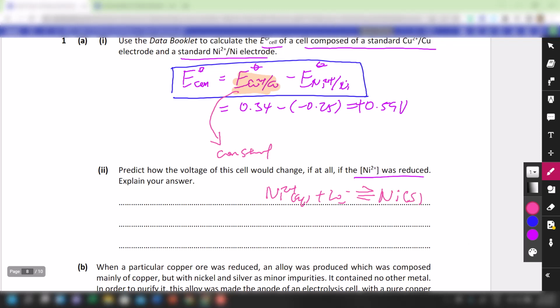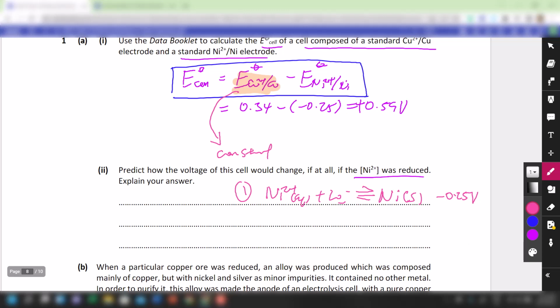When the concentration of nickel 2 is reduced, I expect the position of equilibrium of the reduction of nickel 2 to become more negative, because this value is given to us as negative 0.25 volts. If the reduction potential of nickel 2 nickel is more negative than negative 0.25 volts, I expect the E cell to become more positive, because a constant number minus a more negative number will end up with a more positive value.